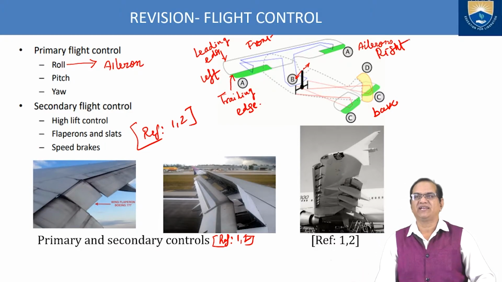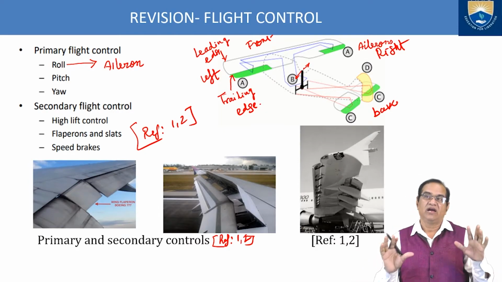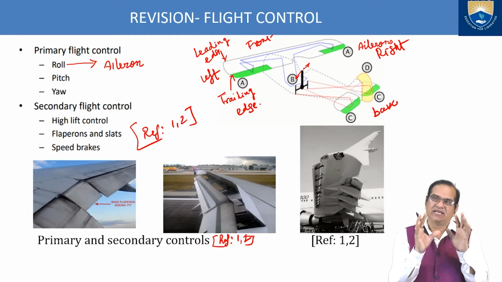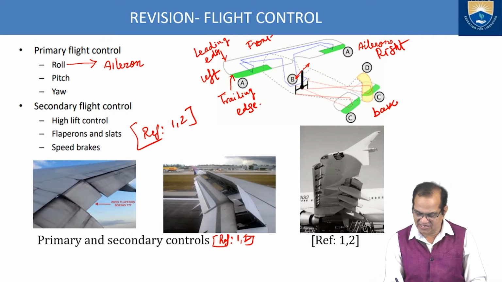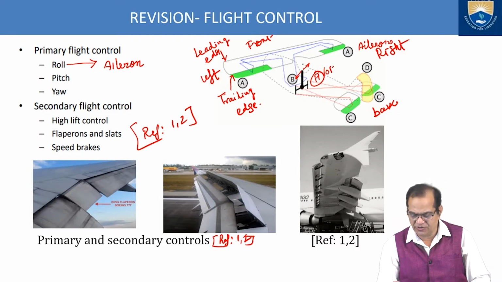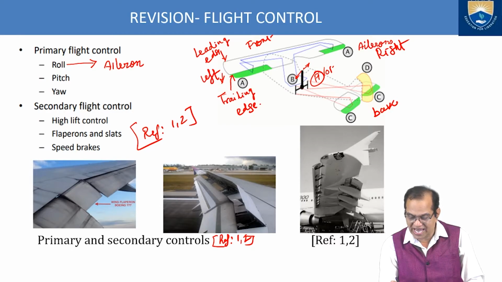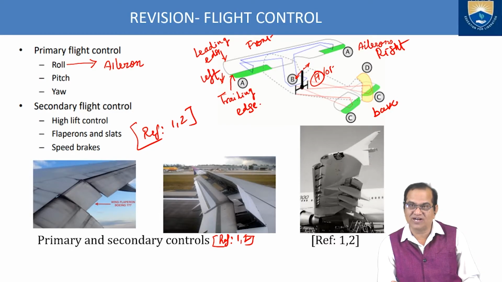It should be very much clear to each and everyone: we have to consider the pilot's direction. The pilot is sitting somewhere here. If he or she wants to roll left or right, assume the pilot wants the left wing to go down. Then he or she has to move this lever towards the left.